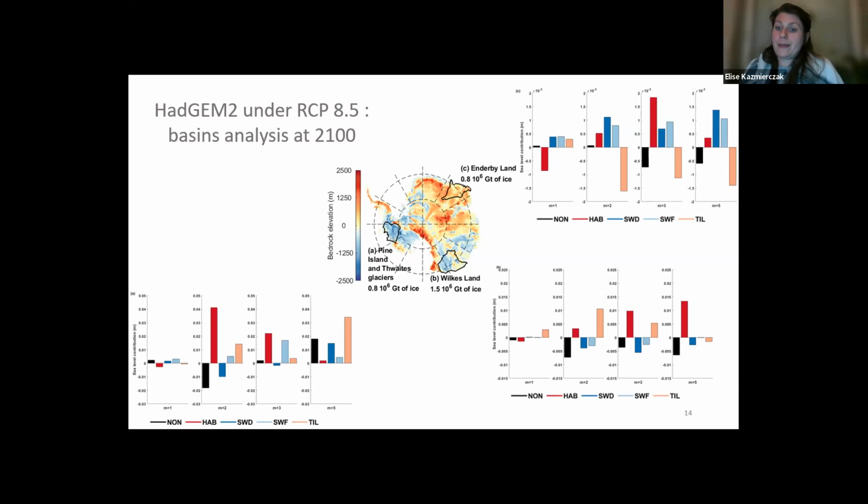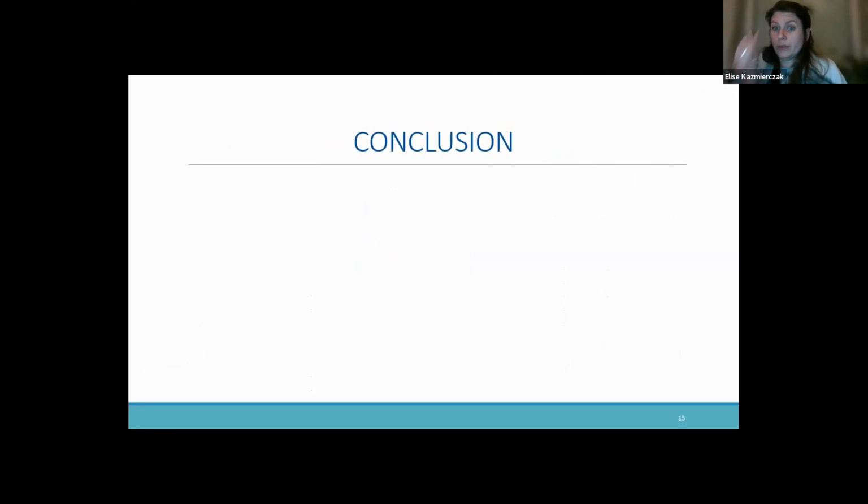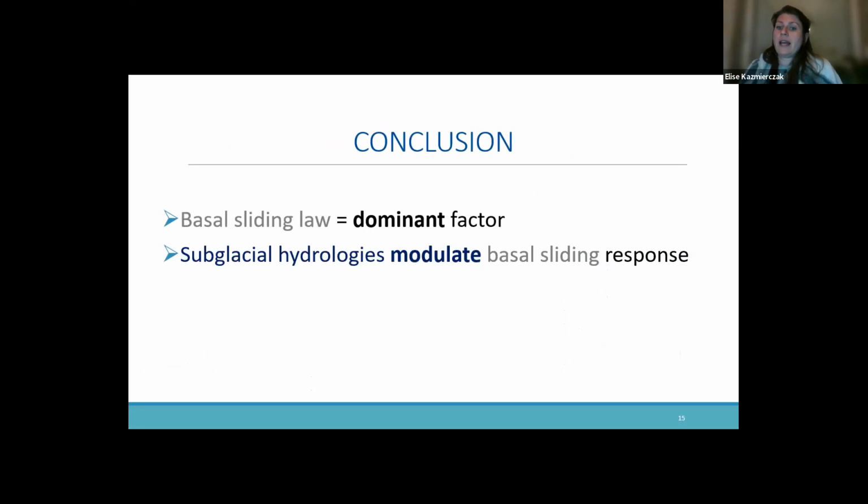In summary, at a basin level, subglacial hydrology has a more uncertain effect on the response of the ice sheet to forcing from global climate models. So to conclude, the basal sliding law is the dominant factor, but subglacial hydrology between ice and bed or inner till modulates the basal sliding response of the Antarctic ice sheet to climate forcing.